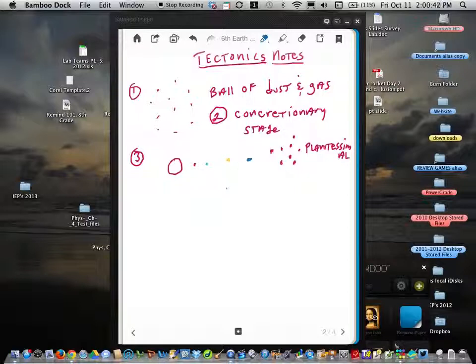So here's a few of them: Mercury, Venus, Earth, Mars. So this is Earth here. And this of course is the sun.